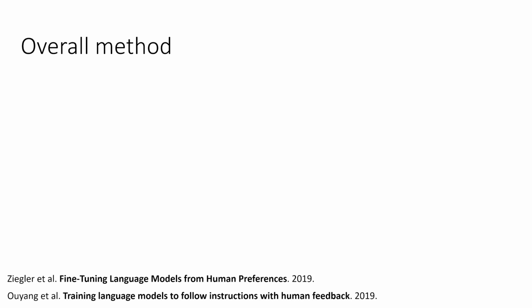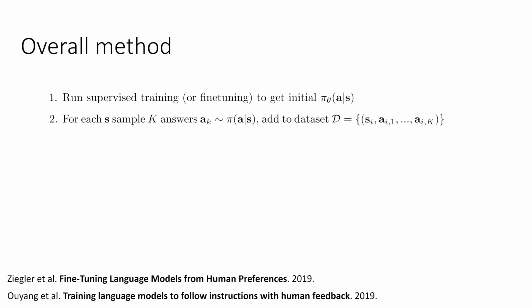So here's an overall method that we can use with this scheme, and this method was described in 2 papers, Fine-Tuning Language Models from Human Preferences and Training Language Models to Follow Instructions with Human Feedback. These basically are the foundation of InstructGPT, ChatGPT, and so on. The overall method is to first run supervised training, or typically fine-tuning, to get your initial policy pi theta. And that's just supervised training of a language model.